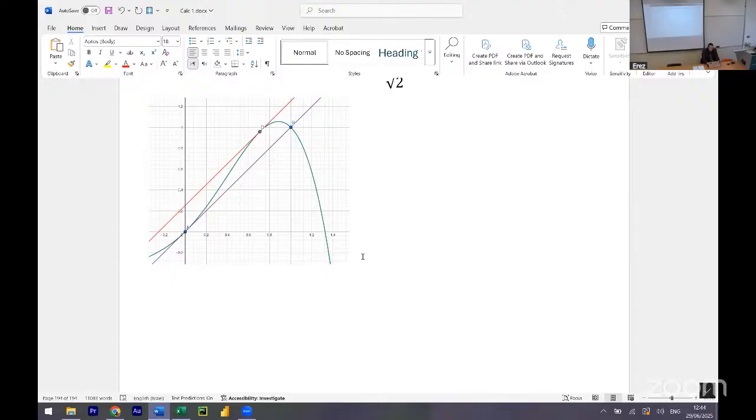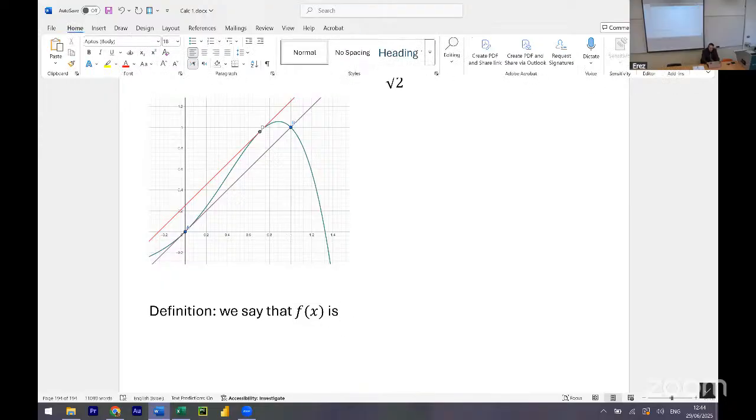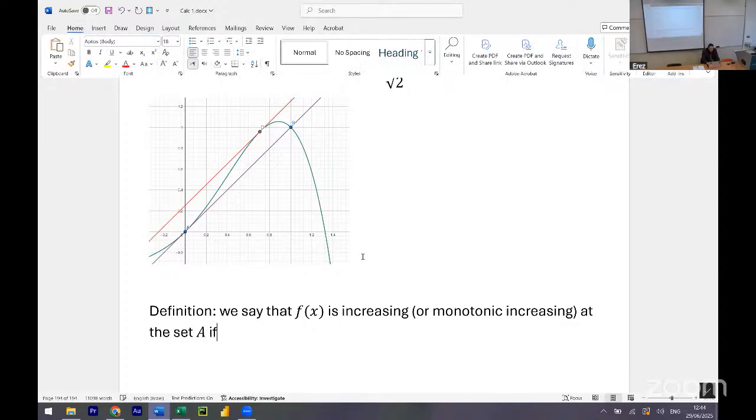In any case, definition. We say that f is increasing, or monotonic increasing, at the set A if, and now just a short discussion.